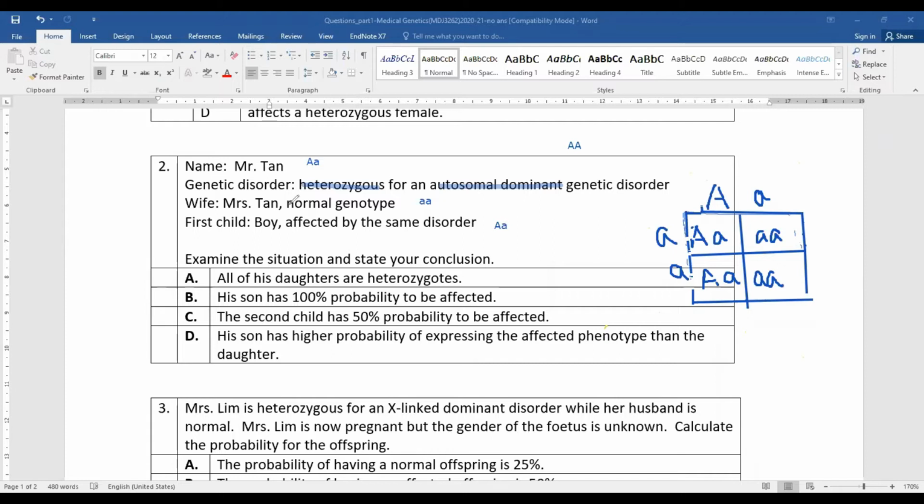Why not capital A? Oh, here I didn't give you the definition. For autosomal dominant, usually the capital A is the mutant allele. So maybe I should type it out.